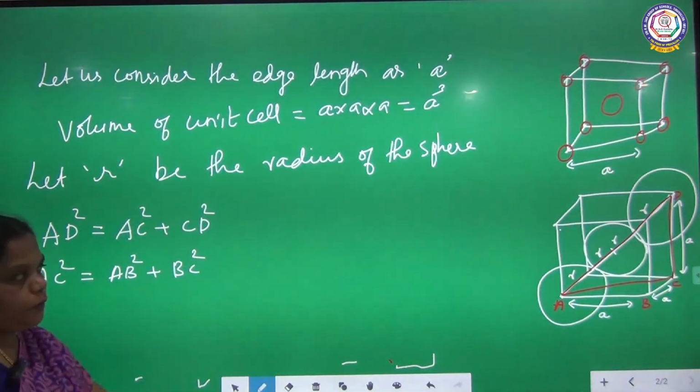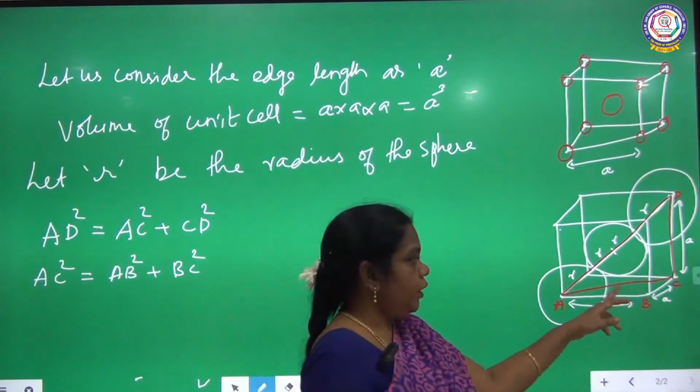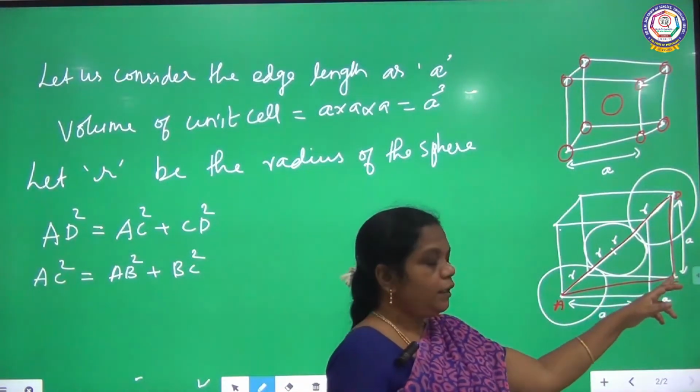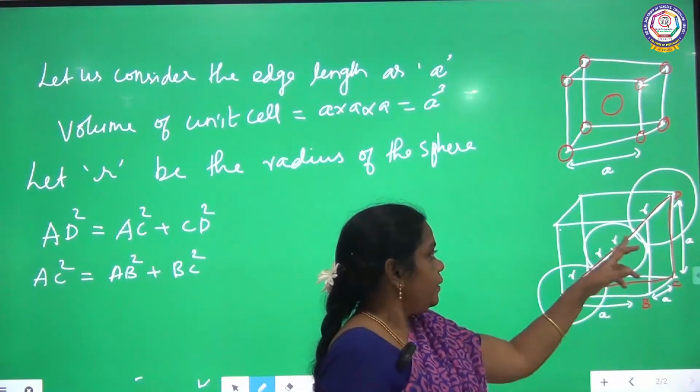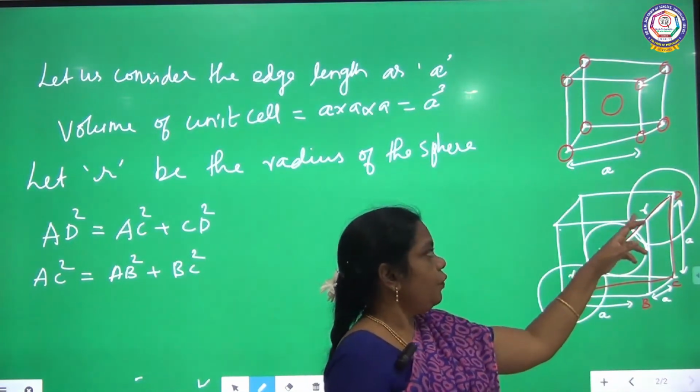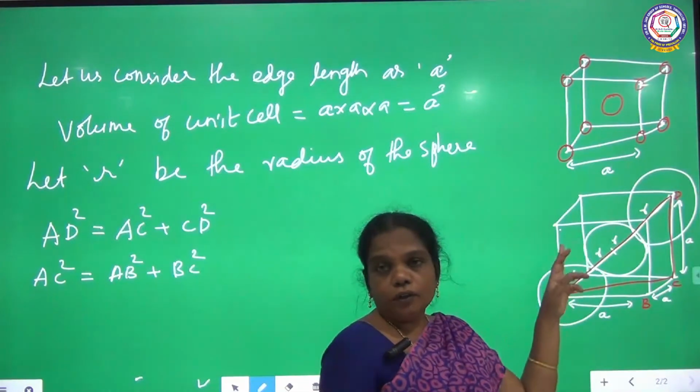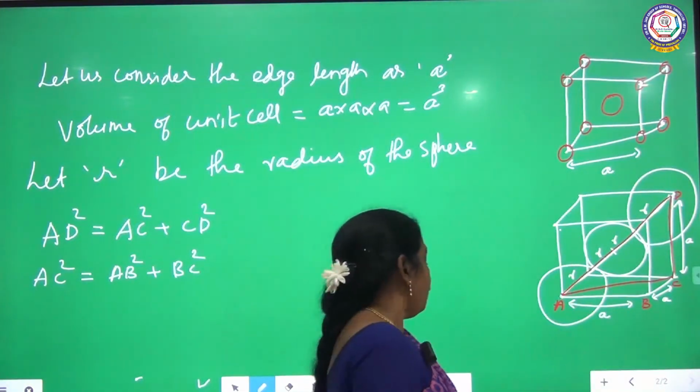Now you have to substitute the value. AB is equal to a, BC is equal to a, CD equal to a, and AC: how many r are there? 1, 2, 3, 4. So the value for AC is 4r.